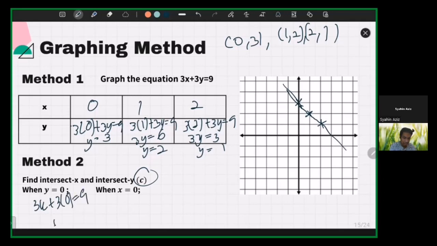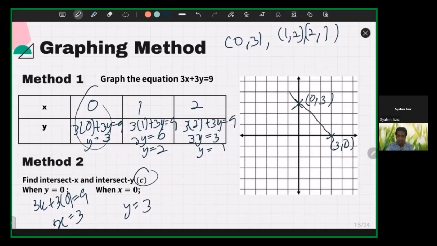So x equals 3, right? So when x equals 0, like this one, we get y equals 3. So that is the intercept at x and y. From here, we can also get the same line, but we just use the intercept points only. So this is (0, 3). This is (3, 0). Then we graph it.